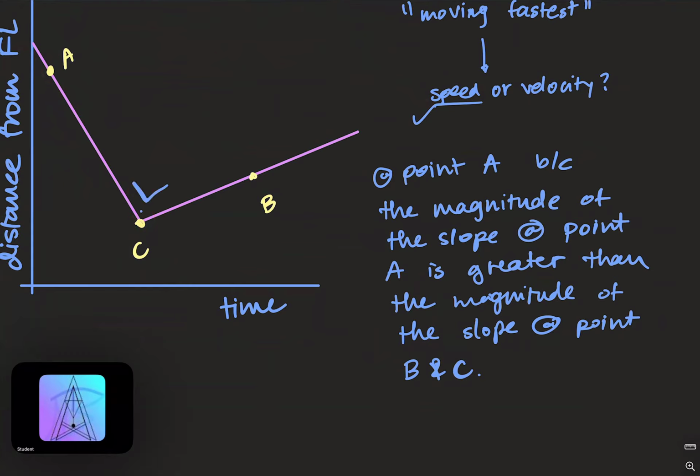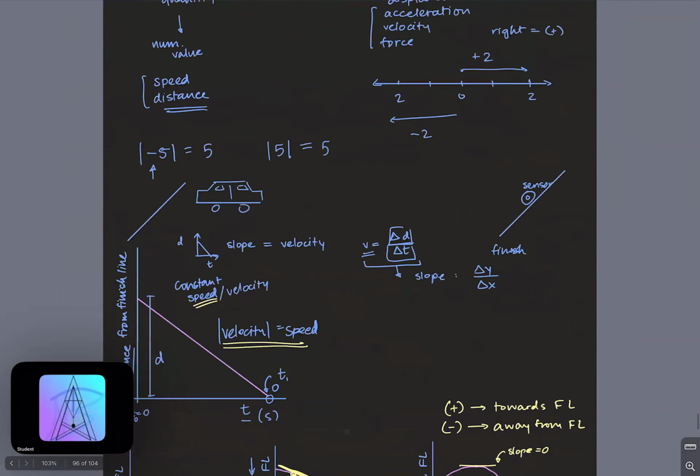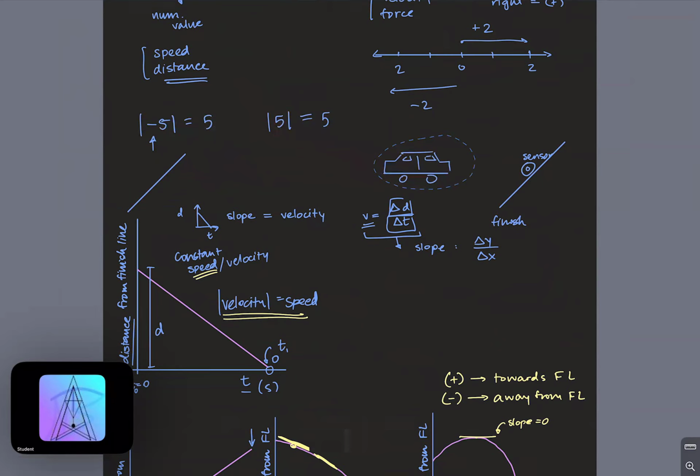That is actually not very realistic in real life, because if you were changing directions, going towards the finish line and then away from the finish line, you technically make a brief stop at some point when you're turning, entirely changing directions.